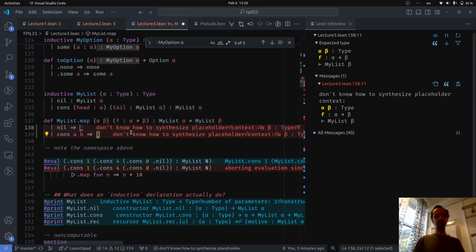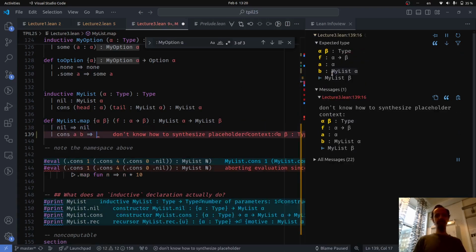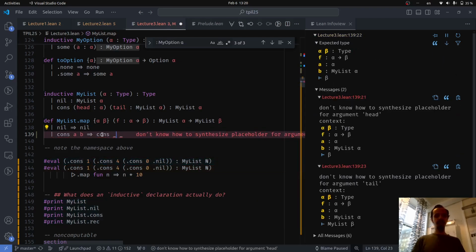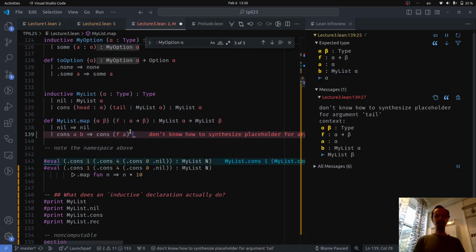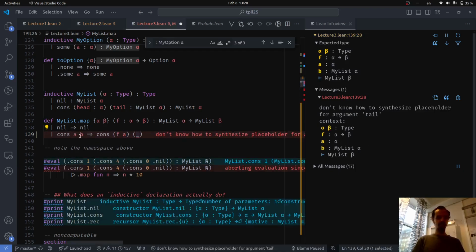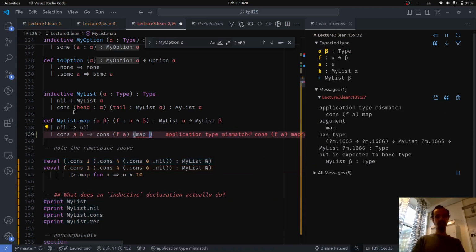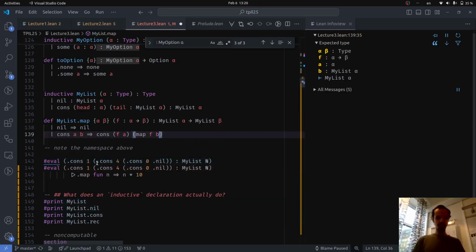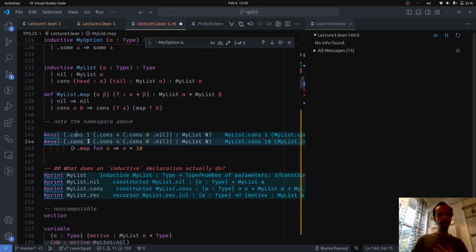So we have nil and cons cases, and here I want to say that a map of nil is nil, and map of cons is a cons. And here I have f applied to a, and here I want to apply map itself recursively. So that would be just f of b here.